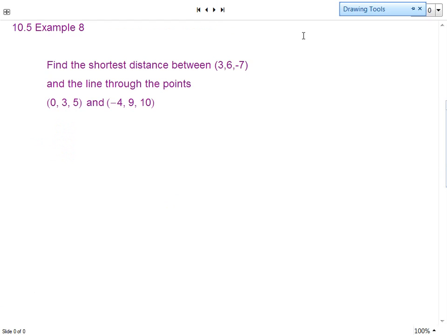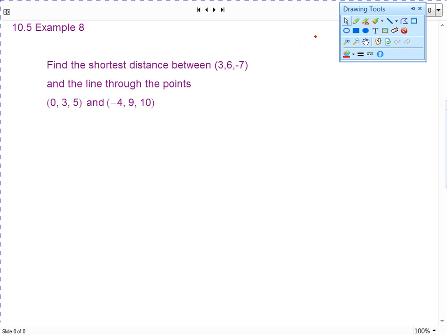Find the shortest distance between the point 3, 6, negative 7 and the line through those points. So I'll draw a picture over here.